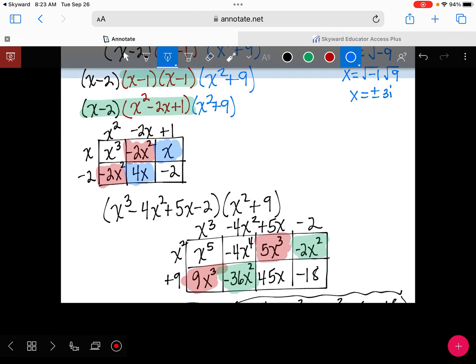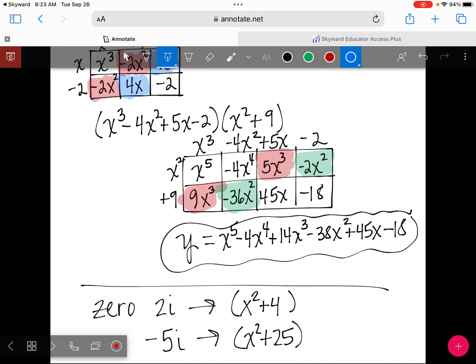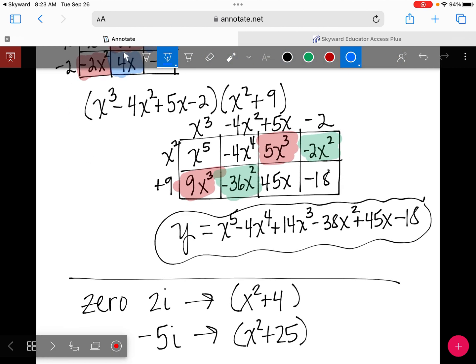All right, so let me go back here. Any questions about that? All right, so now let's go ahead and glue down example 7. We're going to write our equations for these graphs.